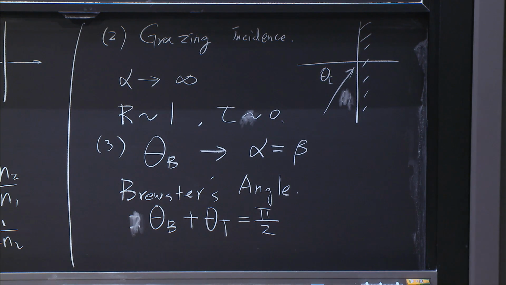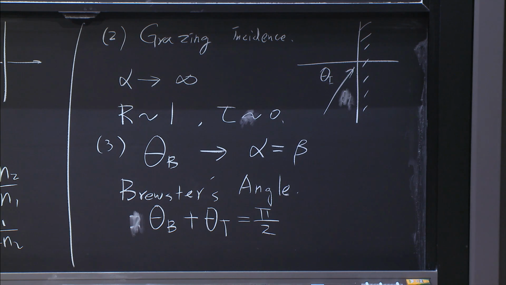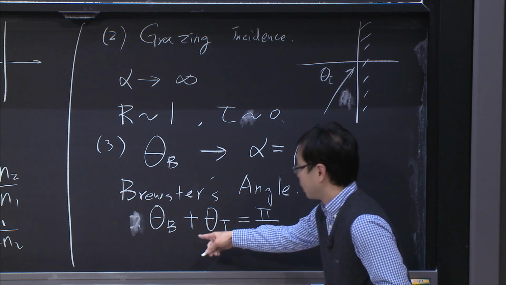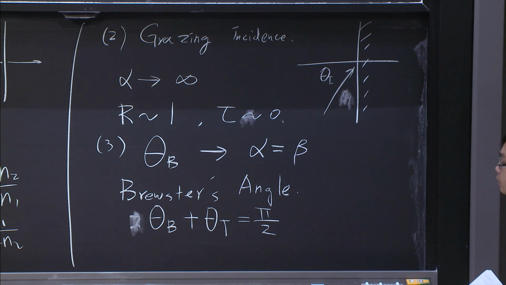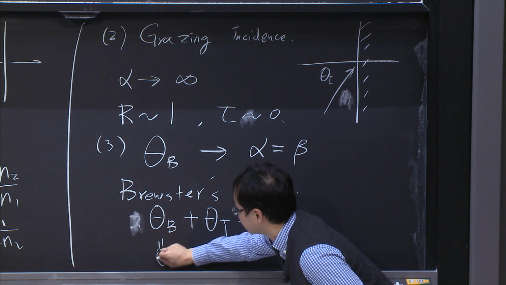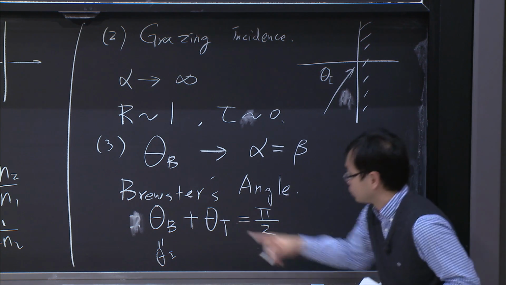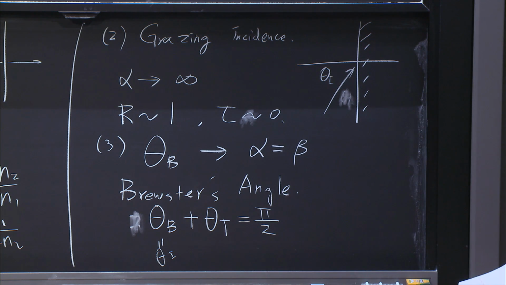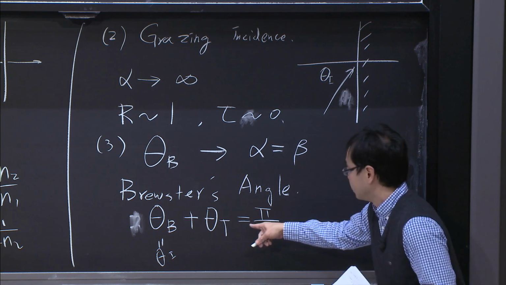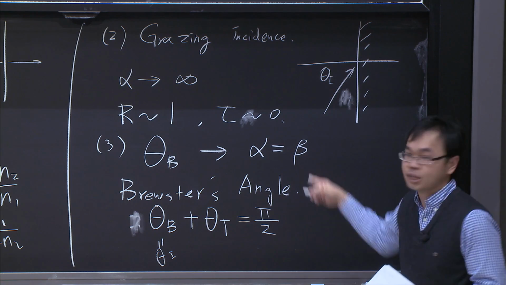There is a proof of this Brewster's angle in the lecture note, but we are running out of time. But the conclusion is that you will need to have theta b, which is equal to theta I, the incident angle, plus the transmission angle, theta d. If that is equal to 90 degrees, then you can make alpha equal to beta.